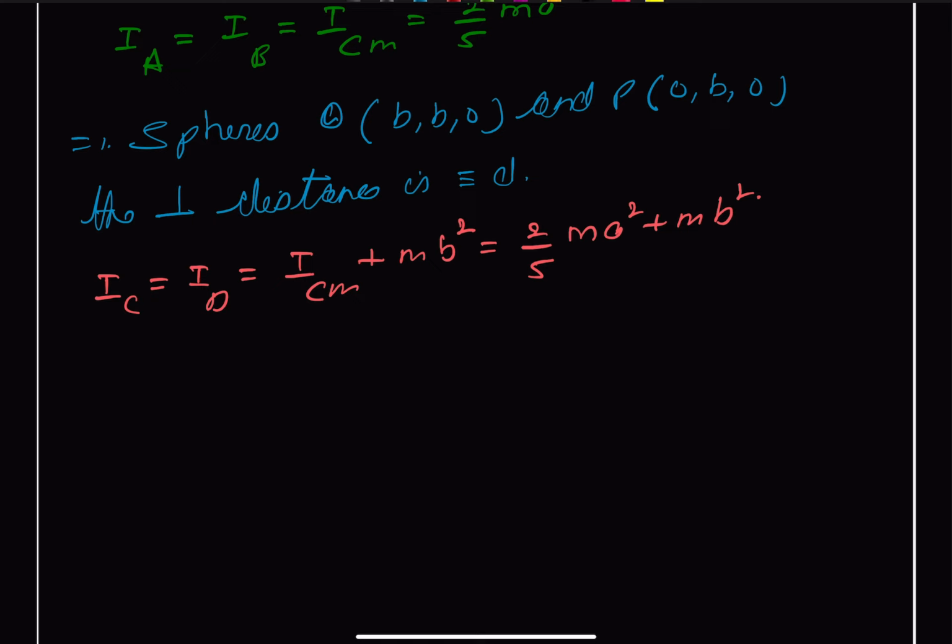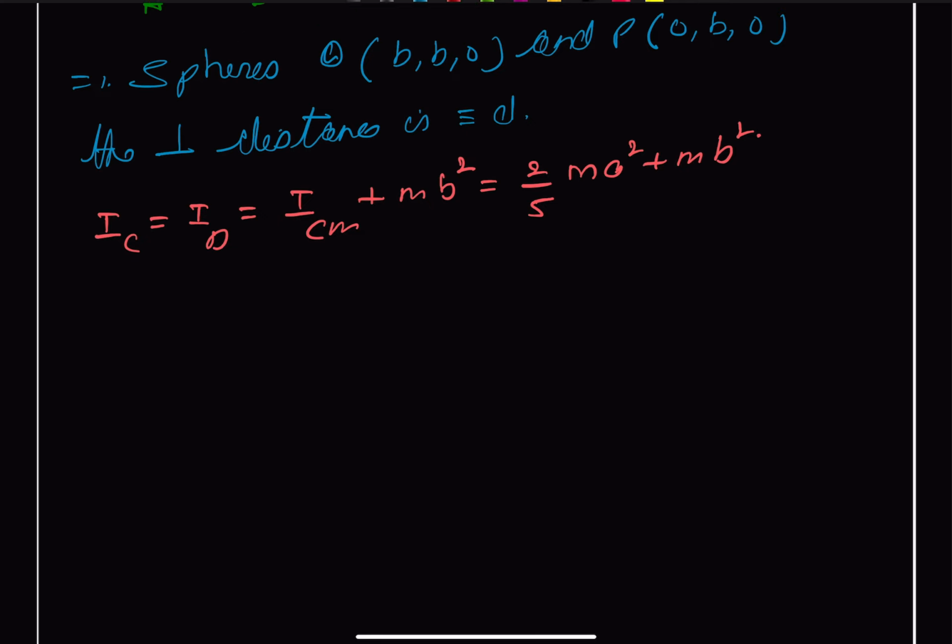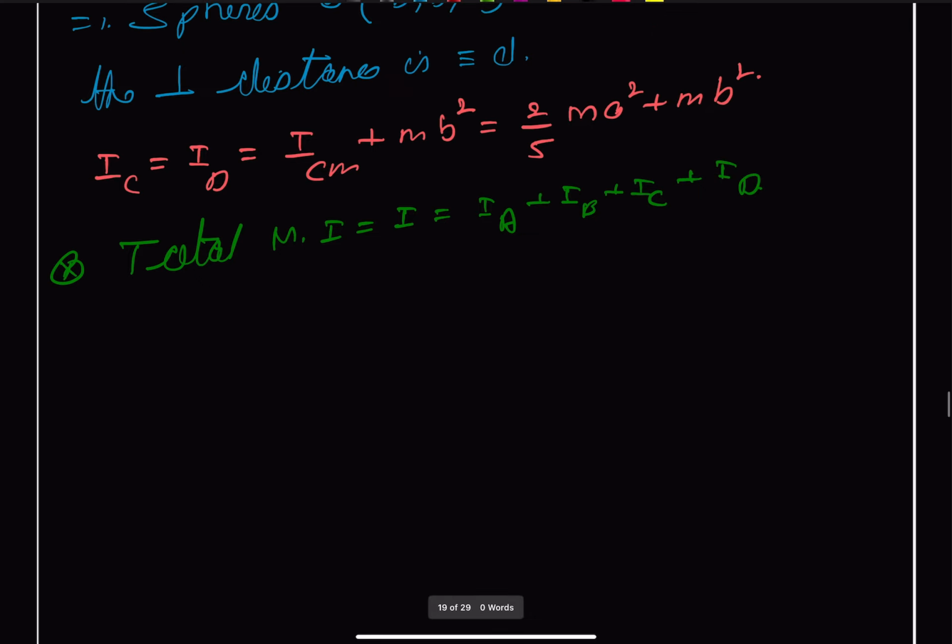Now we can find the total moment of inertia, which is the summation of all the individual moments of inertia. So the total moment of inertia I is equal to IA plus IB plus IC plus ID.